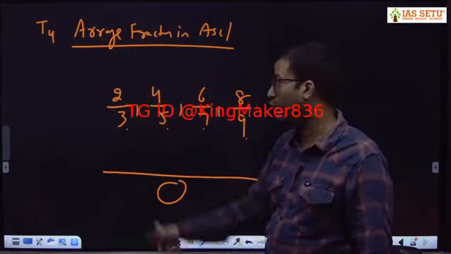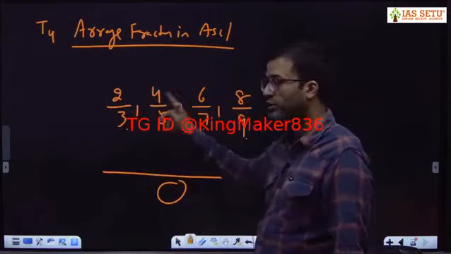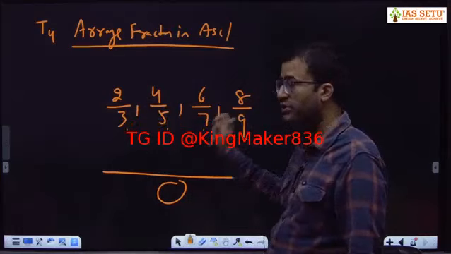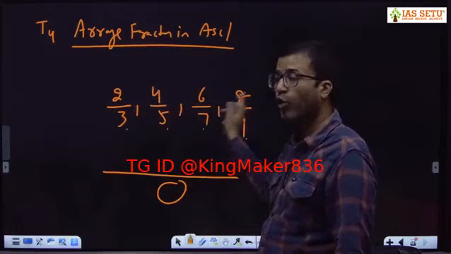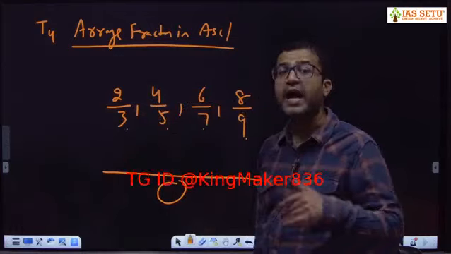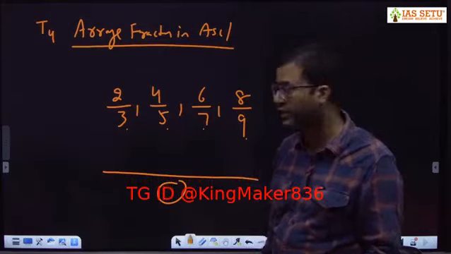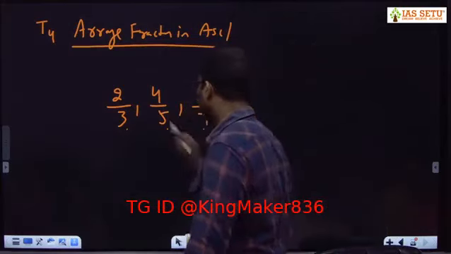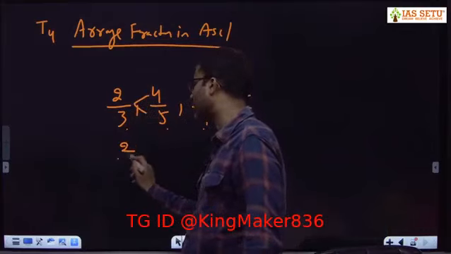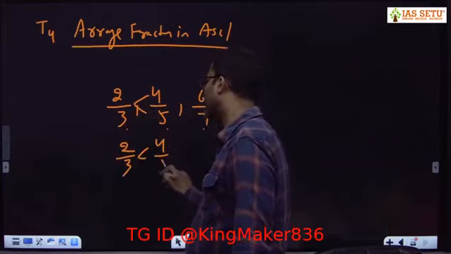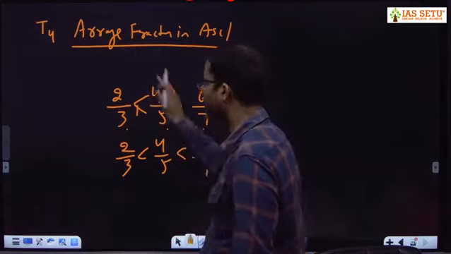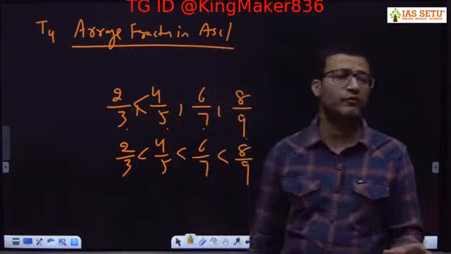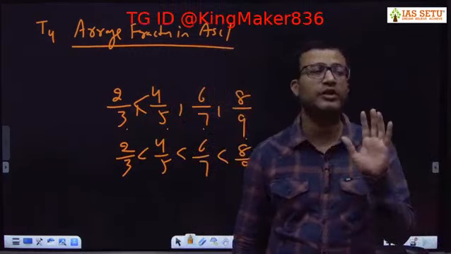I told you, if neither numerator is constant nor denominator is constant, but the difference between numerator and denominator is constant and all these are proper fractions, as your numerator increases, value increases. So 2 by 3 is smaller than 4 by 5, smaller than 6 by 7, smaller than 8 by 9. For comparison of fractions, LCM is not a good method.